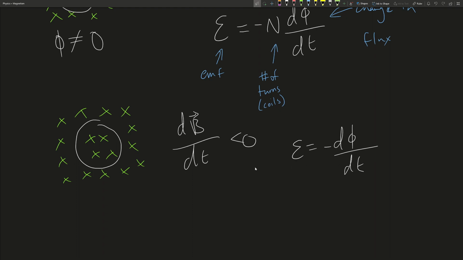In this case, since the area is constant, this is just going to be equal to negative A times dB over dt.